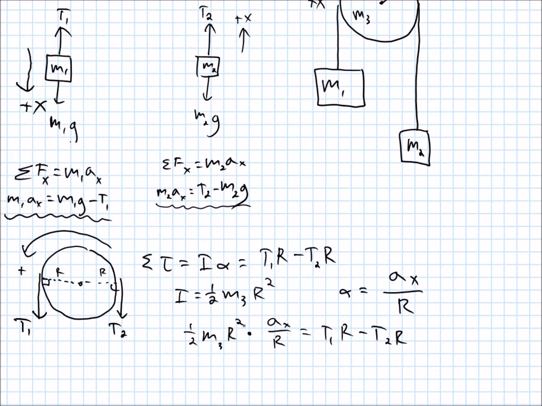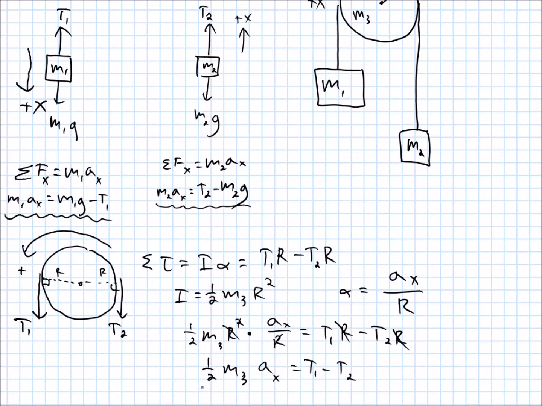So I see that I have r squared over here divided by r. That gets rid of one. And then I see I have an r everywhere still, so I can divide through the entire equation by r, and my radius is actually completely gone here. I get 1/2 m3 ax is equal to t1 minus t2.